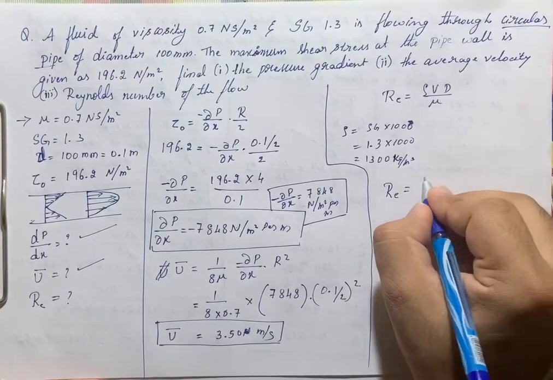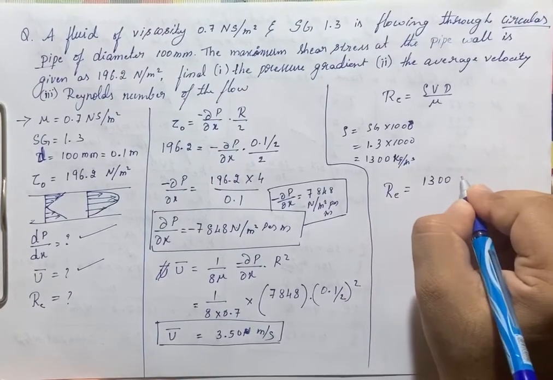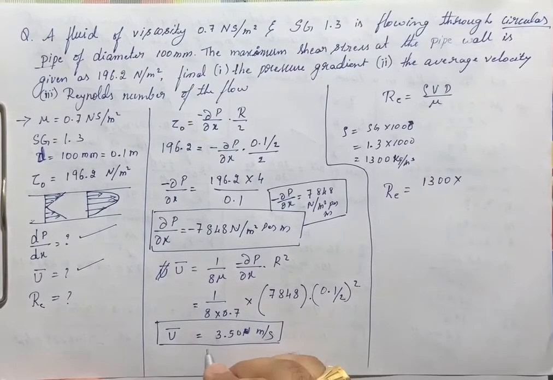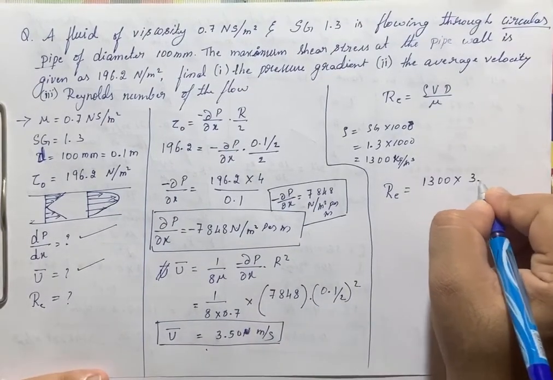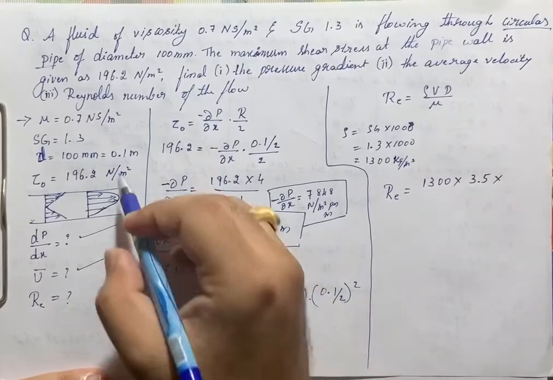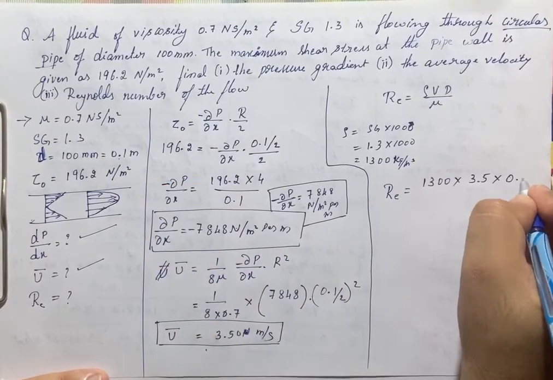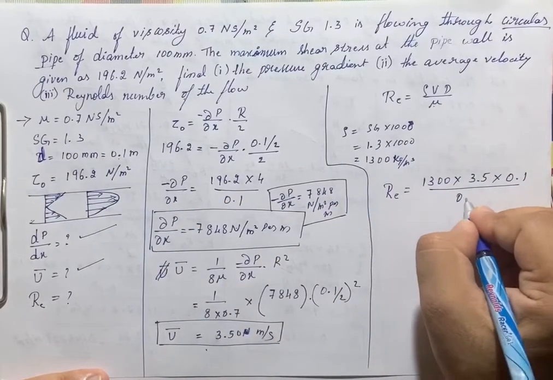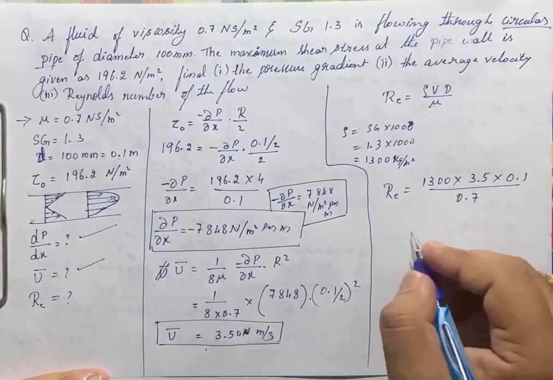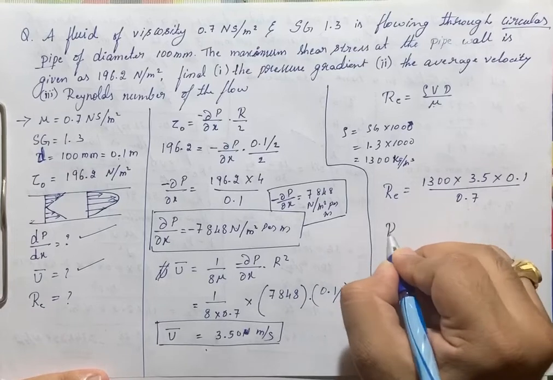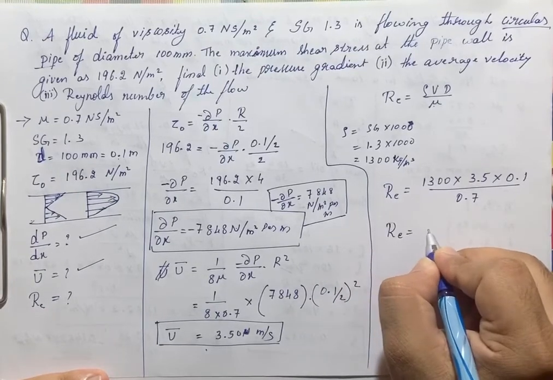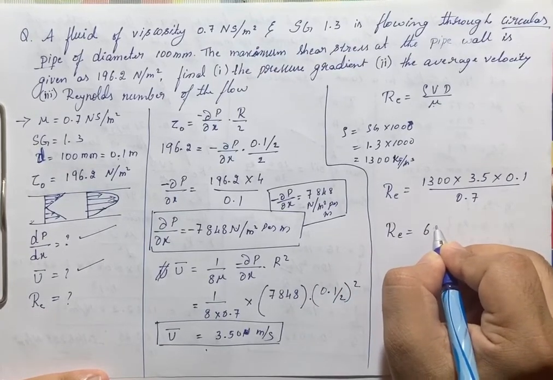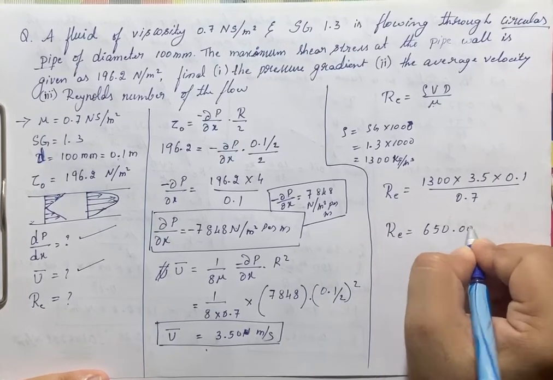Now I can substitute in the Re formula. Reynolds number is 1300 into velocity, the average velocity, that is 3.5, into diameter, given as 0.1, divided by mu, which is 0.7. After calculating this, we'll get the value as 650.